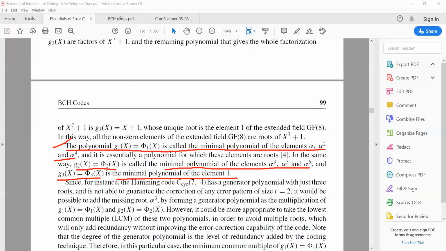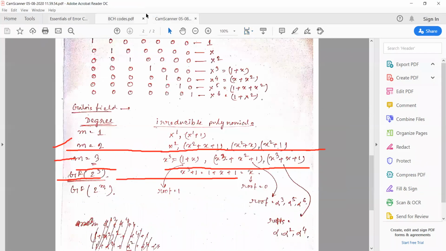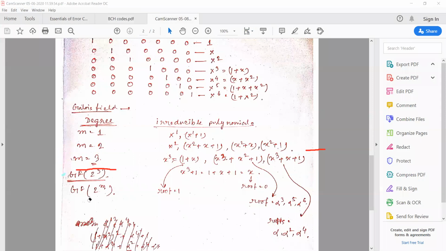We have already seen from this handwritten note that when I'm considering this degree of 3, x cube is replaced by 1 plus x and the root was 1, right? When x cube plus x square plus 1, then the roots are alpha cube, 5, 6. When x cube plus x plus 1, then the roots are alpha square and 4, right? And this is 0.